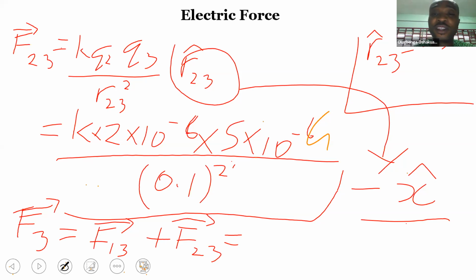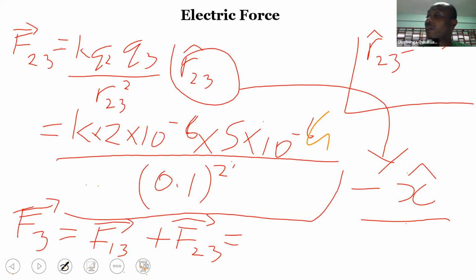And for y in this problem, F23 is not exerting any force in the y direction on Q3. The force it's exerting on Q3 is only in the x direction, to be precise, in the negative x direction.